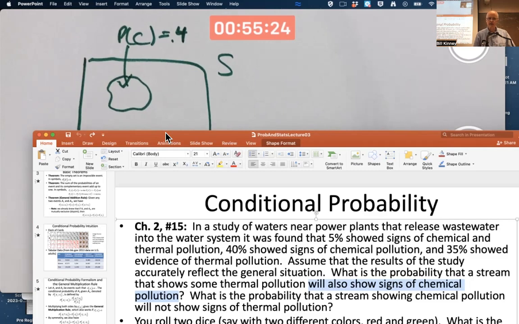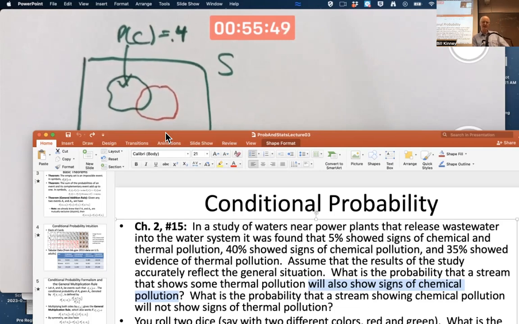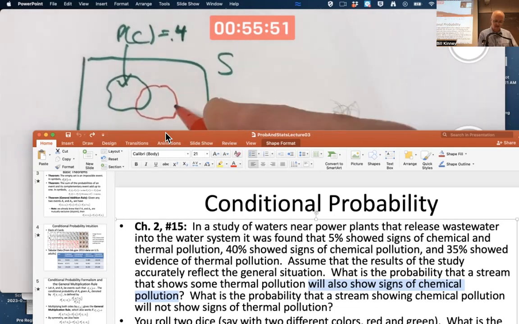Another blob would be the event that it shows signs of thermal pollution. 35% shows signs of thermal pollution. Where should I draw the blob for thermal pollution? Well, because 5% show signs of both, there should be some overlap. Since it's 35%, should I make it a little bit smaller of a blob? Well, you can. I guess maybe I made it a tiny bit smaller, but it's hard to tell.